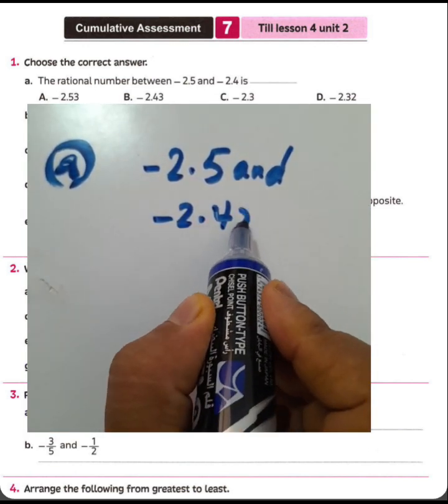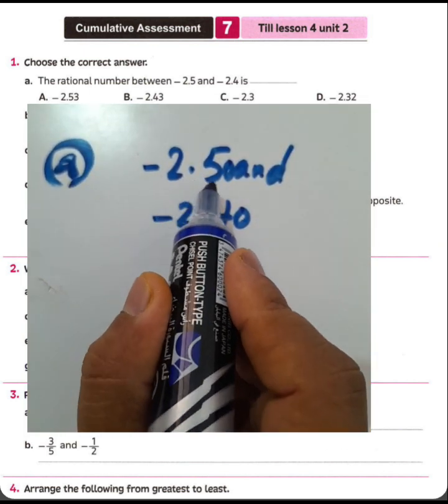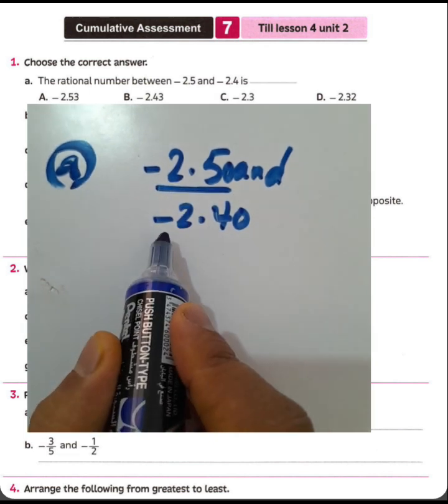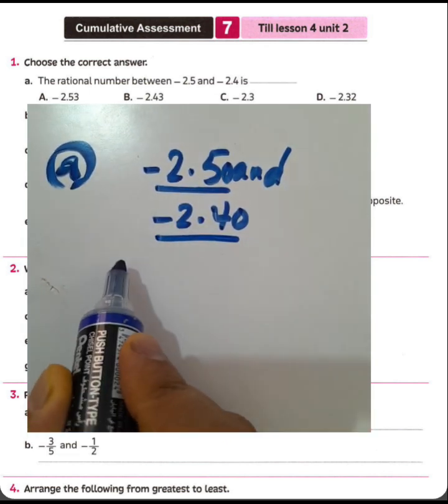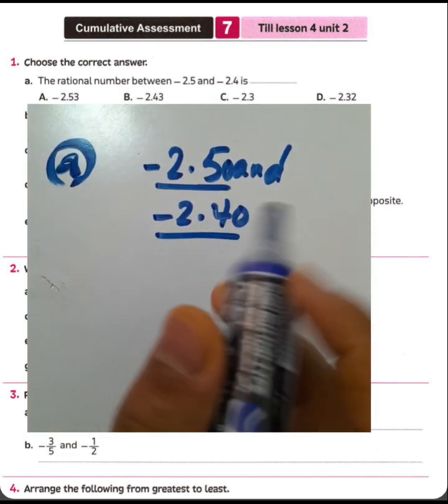We can add 0 behind the digits here. It will be negative 2.50 and negative 2.40. We can find digits, putting 1 behind here.